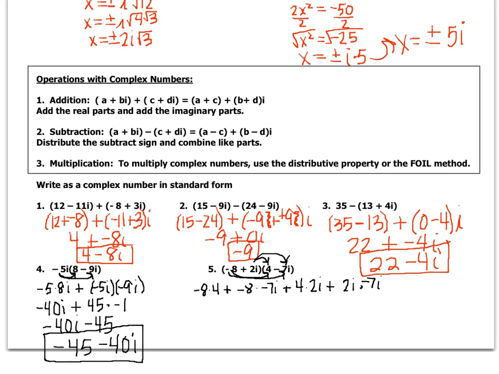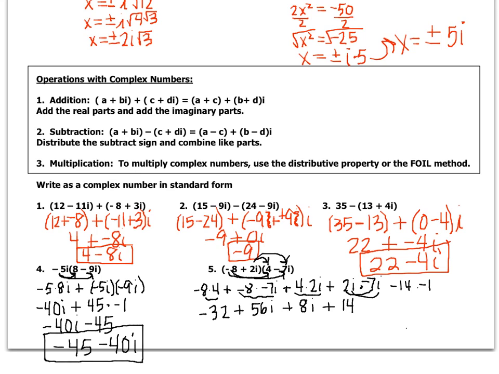Okay, a lot of simplifying. Negative 8 times 4, that's negative 32. Plus negative 8 times negative 7 is positive 56i, plus 4 times 2i is 8i, plus 2 times negative 7, that's negative 14. i times i is negative 1. So negative 14 times negative 1 is positive 14.